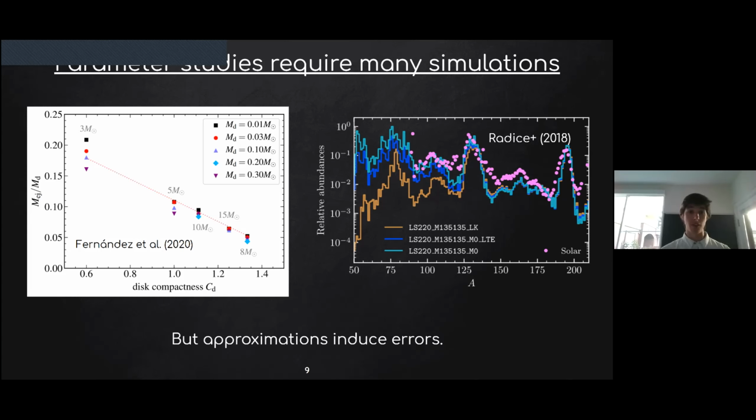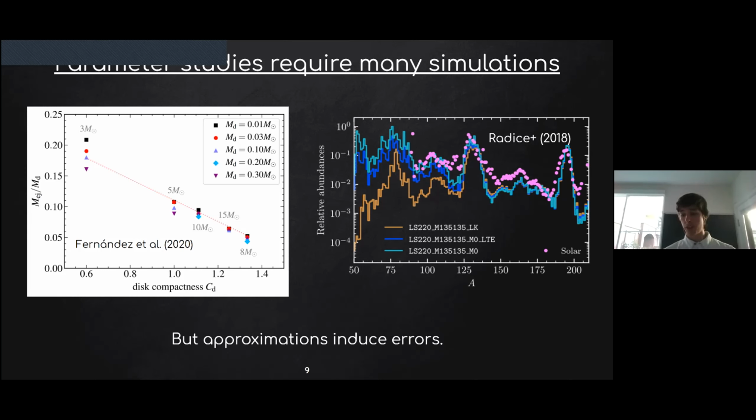So what we really want to do is a large number of simulations to map out what each of these different things do, and be able to take some kind of observation and map it back to what's really happening inside. This is, for example, something that Rodrigo has done recently, doing simulations looking at the different masses of the disk and the central compact object, and showing what that implies about the ejecta.